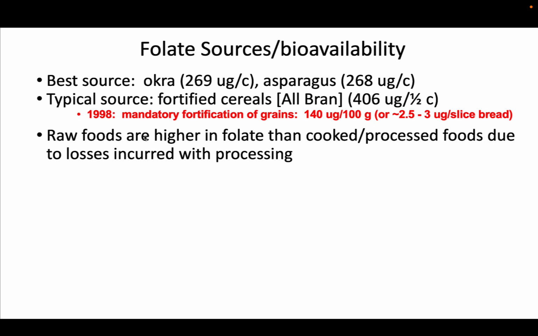Thinking about fortification, fortification of grains in the U.S. didn't become mandatory until 1998. And the rate at which the mandate required fortification was at 140 micrograms per 100 grams of flour. So if you translate that to a slice of bread, you're getting about 2.5 to 3 micrograms per slice of bread.